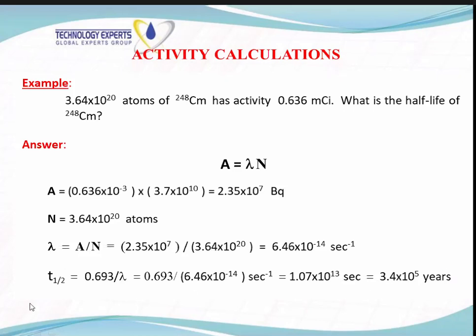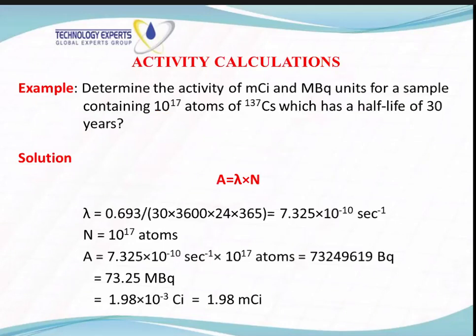So you will have T half in seconds, then convert it to years by dividing by 365, 24, 60, 60. And this is also another example, the same example that we studied.